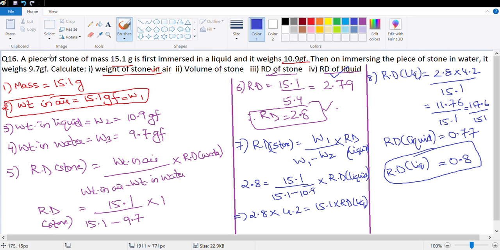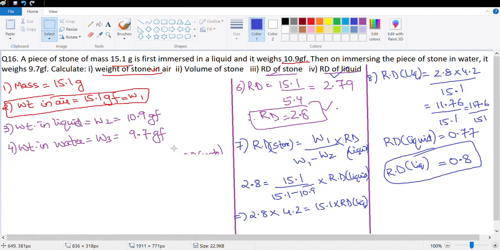We know density is equal to mass upon volume. We know the mass, we know the density, we can calculate the volume. So if I can erase the first part of this question, which is here. Okay, so relative density of stone is equal to 2.8, which means therefore density is equal to 2.8 gram per centimeter cube.